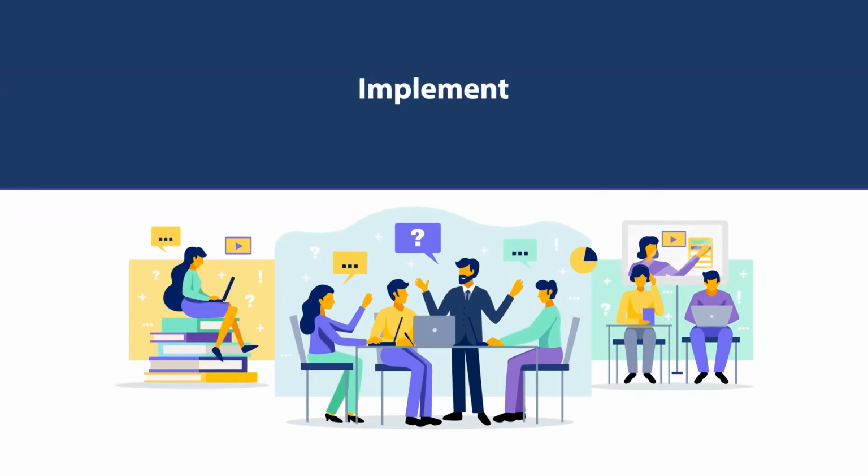Next in the ADDIE model is the implementation. That is, how do you implement it? Implement is the stage for putting the plan or design into action. So, once you have developed an online course, implementation is when you open it up to the learners.